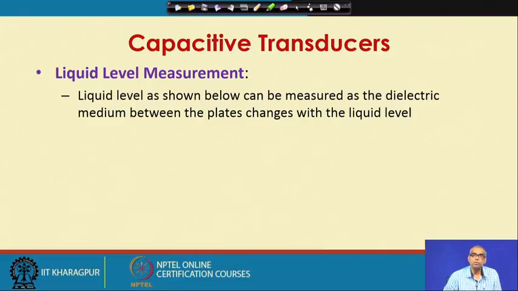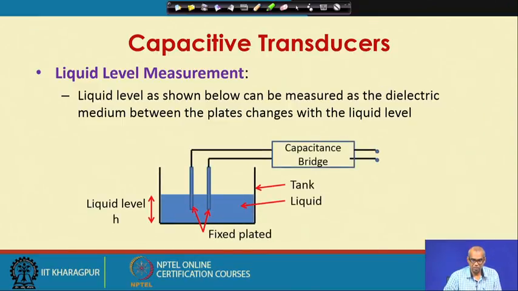Capacitive transducers can also be used to measure liquid level. Liquid level as shown below can be measured as the dielectric medium between the plates changes with change in liquid level. So, we have two plates that form a capacitive transducer.